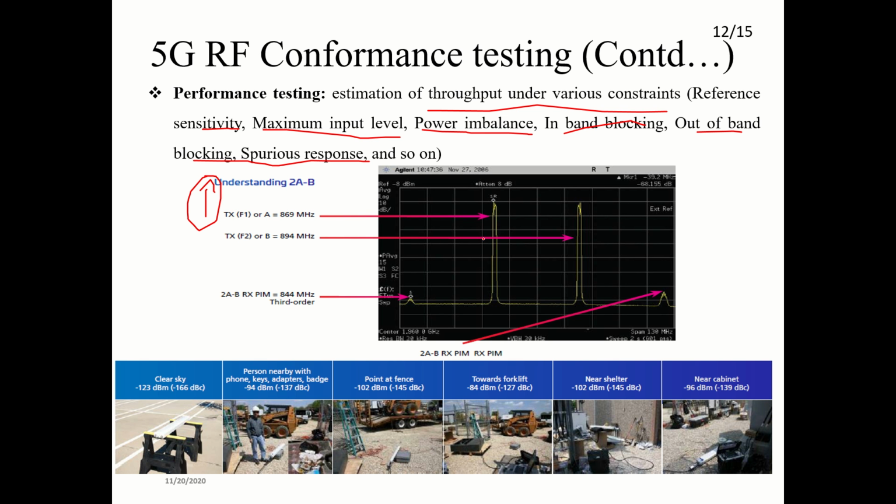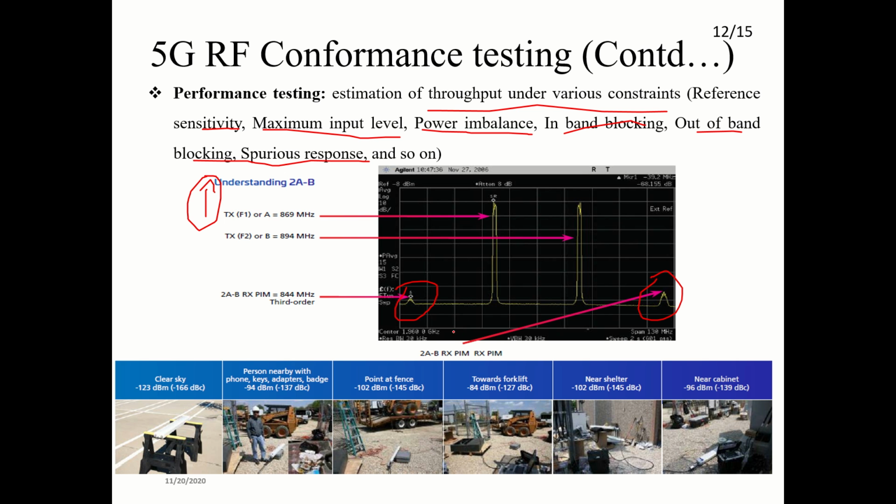You can see here, 869 megahertz is the actual frequency, but some other frequencies are shooting up here. This is called the passive intermodulation diagram. I found it on an antenna manufacturing website.